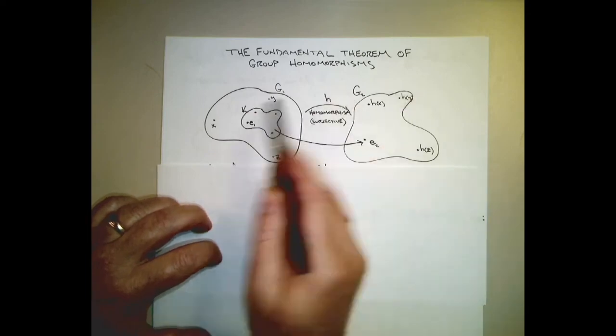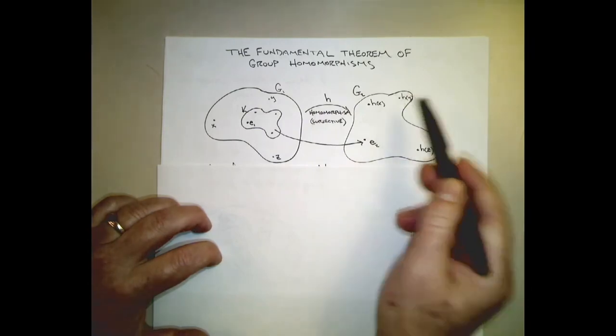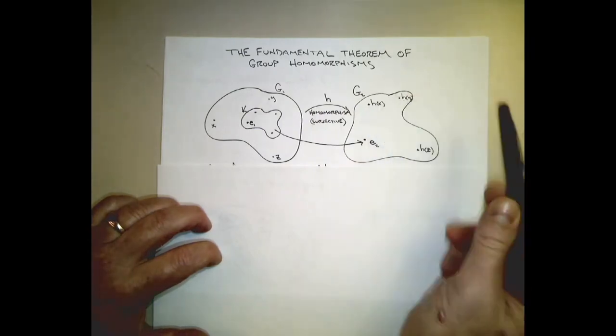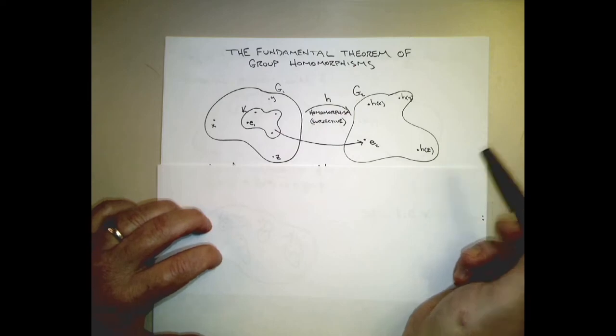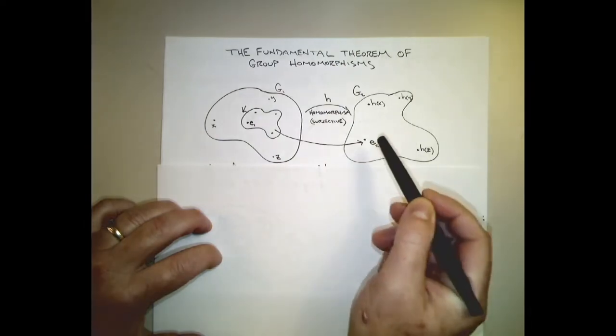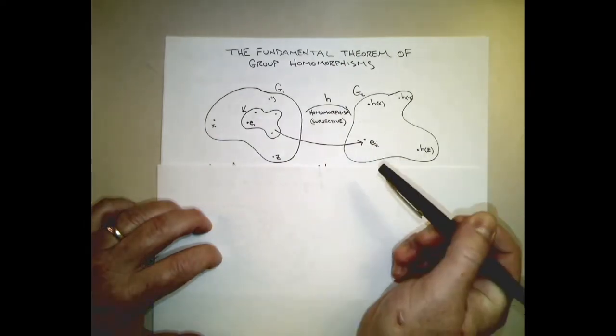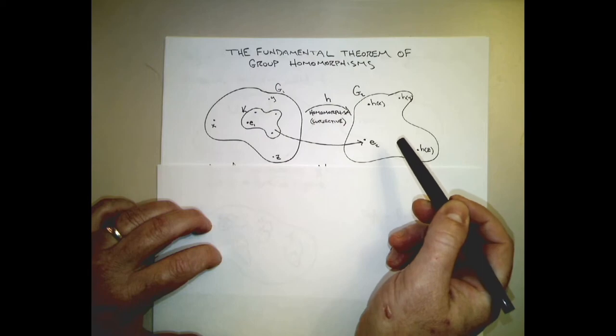What I have identified here, I have several points in G1, and I've identified their images over here in G2. We never mentioned before that the identity element of a homomorphism has to be mapped to the identity element of the range, but it's a pretty straightforward proof.